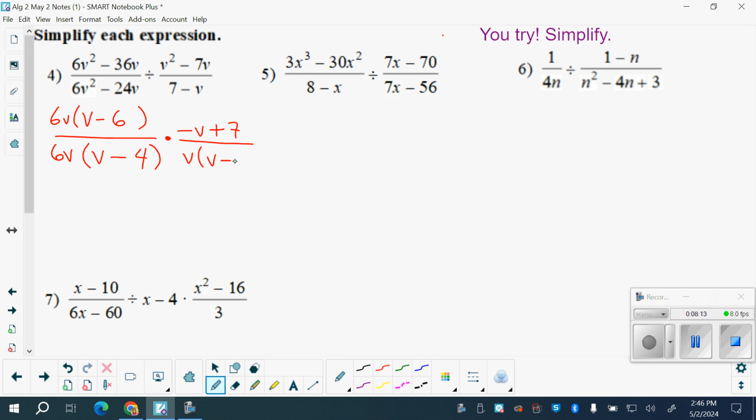V times v minus 7. So right now, these two are not the same, are they? That negative v plus 7 is not the same thing as v minus 7. Is there something I can do with this to make it so it's the same as the v minus 7? Could I factor a number out of there?